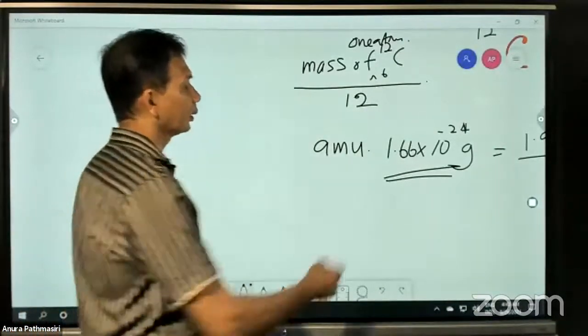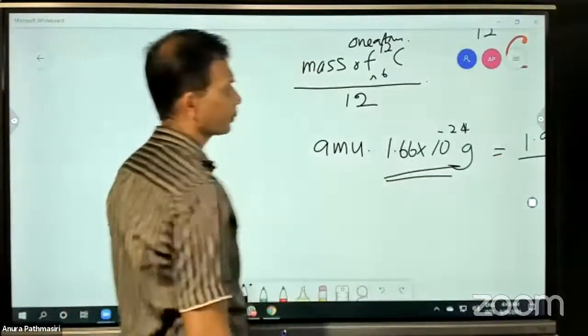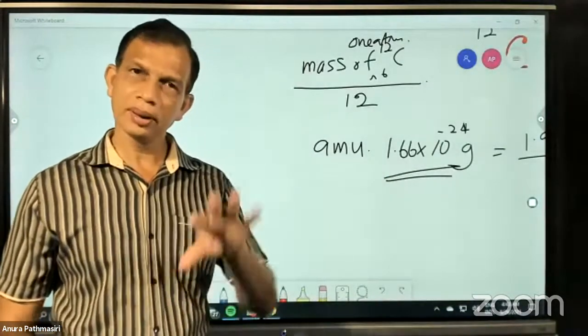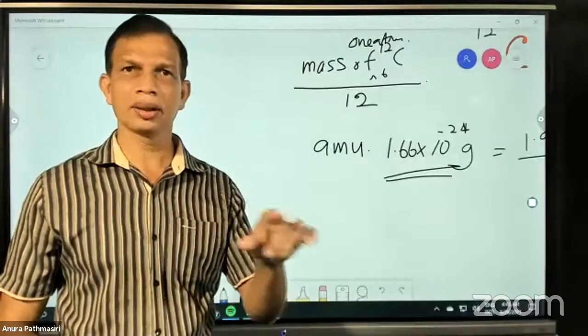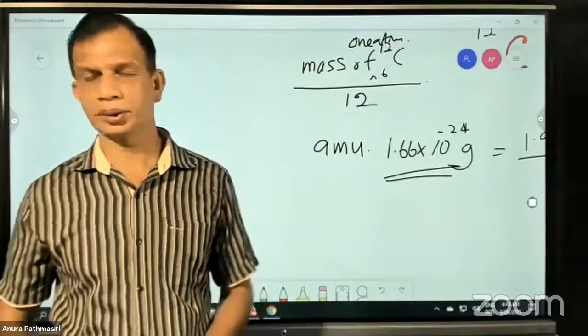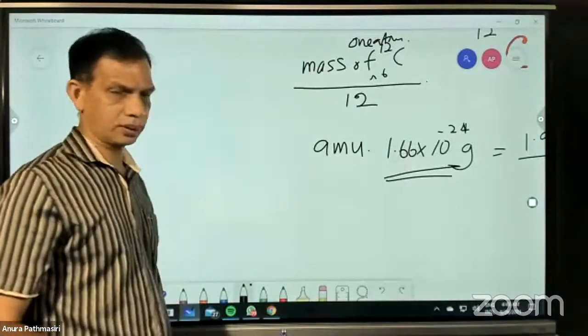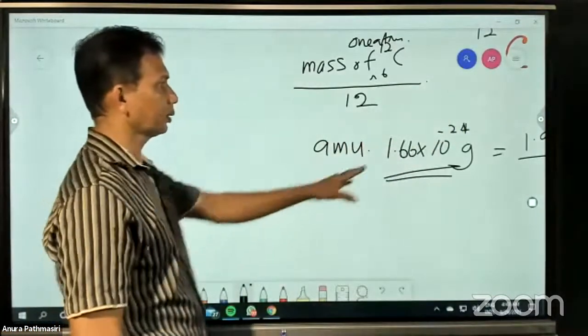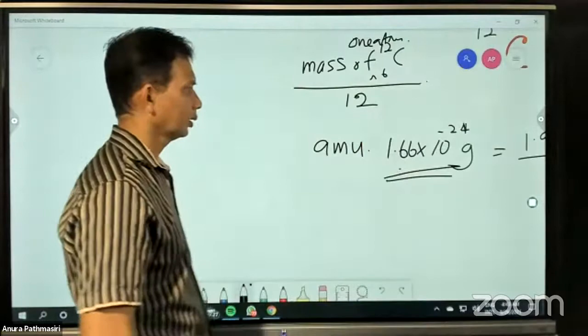And then the number came to 1.66 times 10 to the power negative 24. So he was trying to give the standard application to it. And if you consider any other one, expressing it using this unit, right?